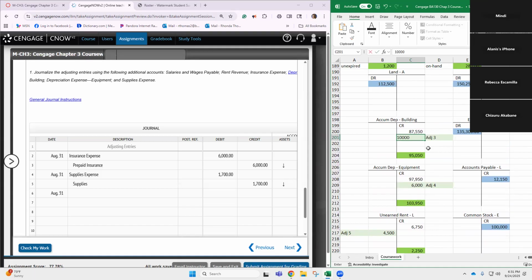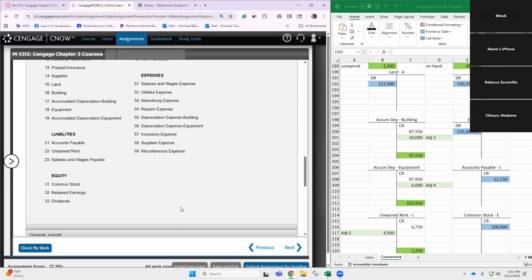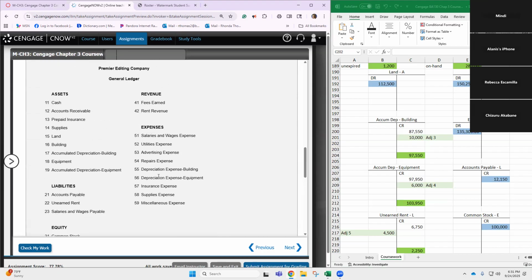So in your T account, which should have 87,550 in it, we're gonna add 10,000 to it. Okay, don't worry about the balance yet. We'll figure those here in a minute. Don't get caught up and get off track. Okay, let's put our entry in. So go up to the chart of accounts and find depreciation expense for the building.